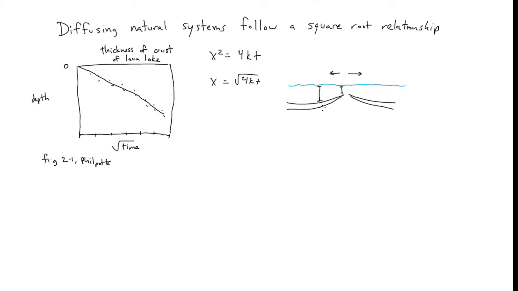Because of the cooling, and that relationship of ocean depth follows a very similar relationship with the square root of the age, in this case, how old the ocean crust is. So this would be like 100 kilometers or something like that.